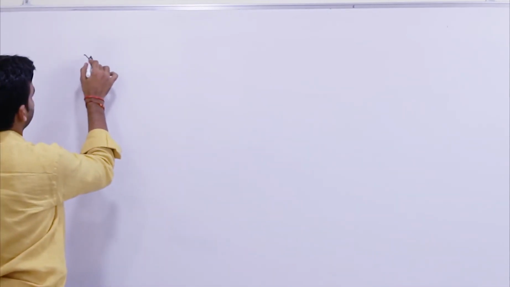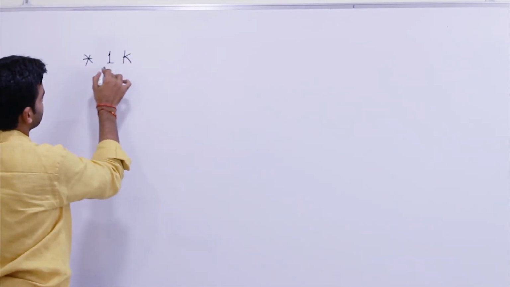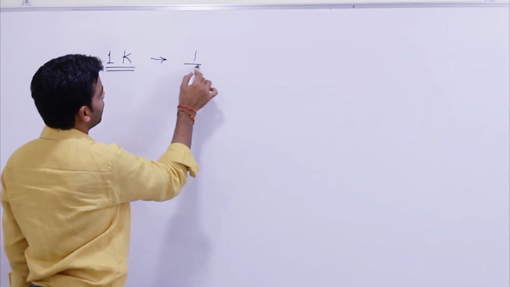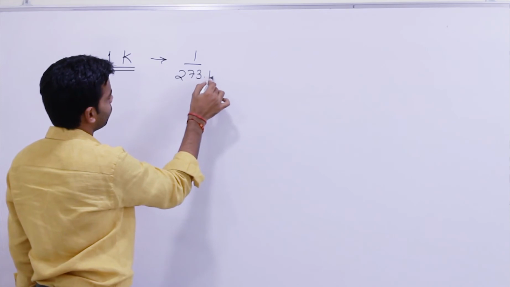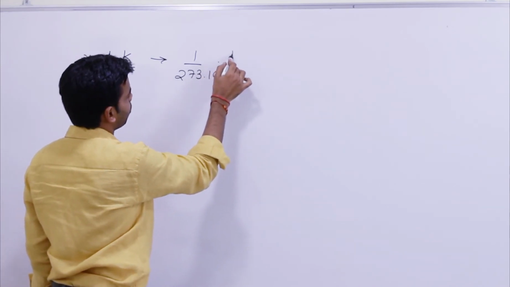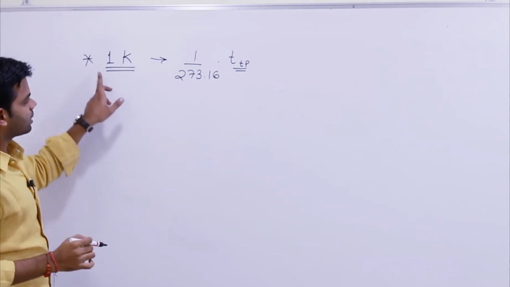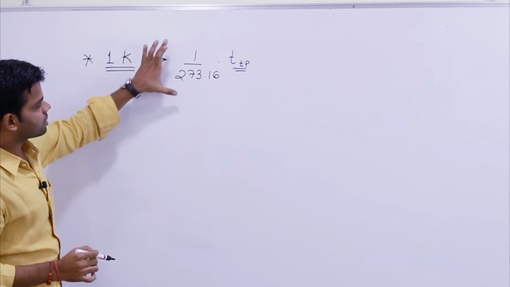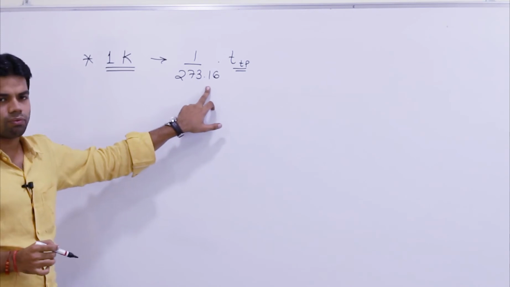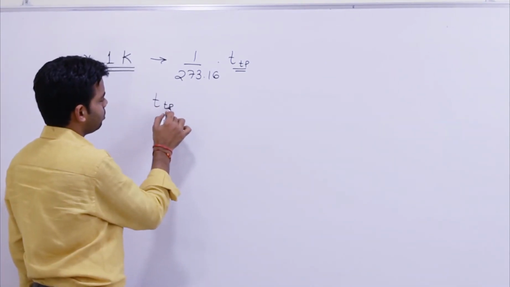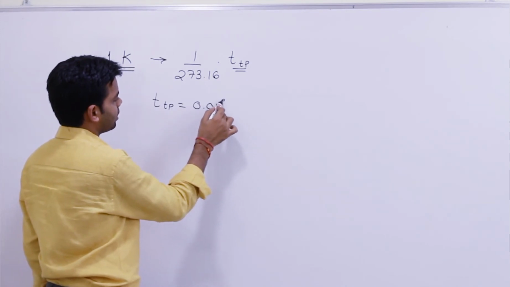Now we will look into a few very important definitions. The very first definition is that of 1 Kelvin. How can we define this 1 Kelvin? This 1 Kelvin is defined as 1 by 273.16 of the temperature of the triple point of water. The triple point of water, as we know, is 0.01 degrees centigrade.